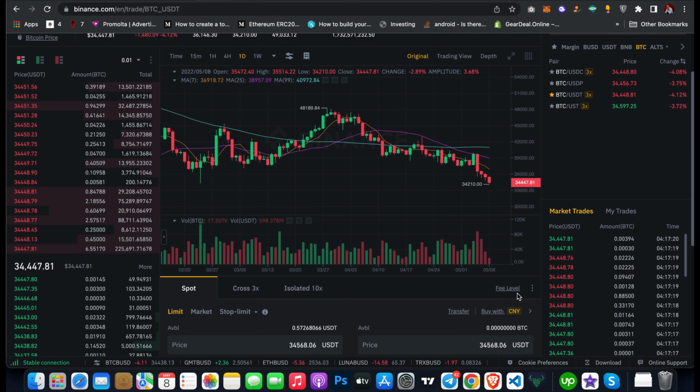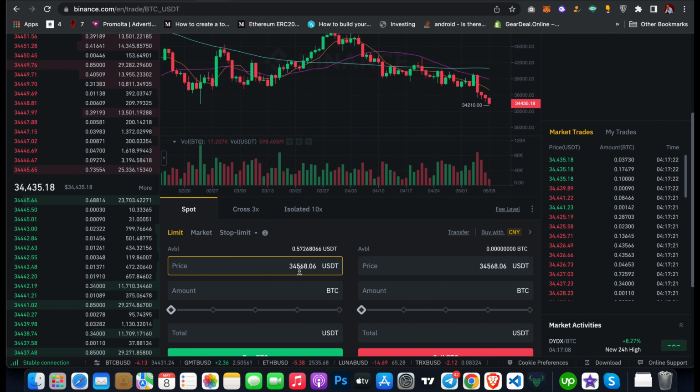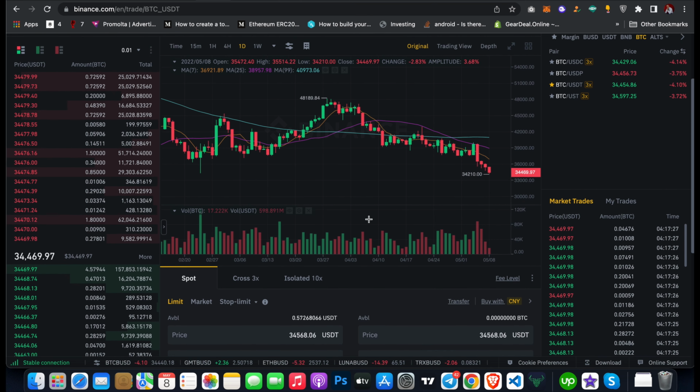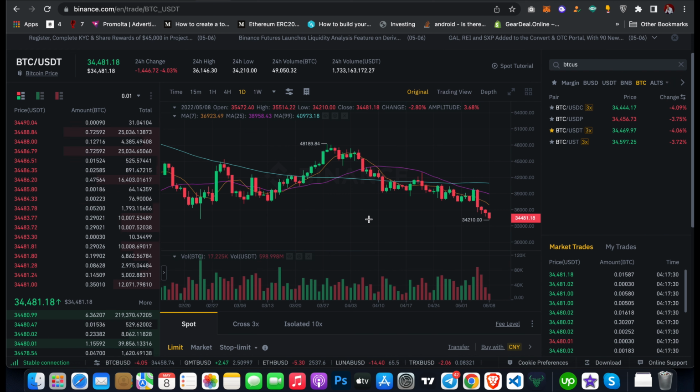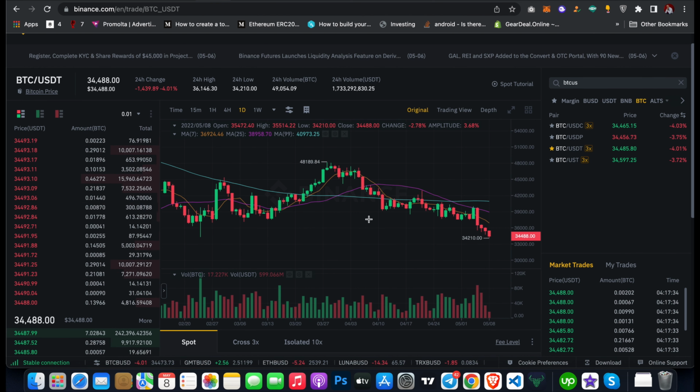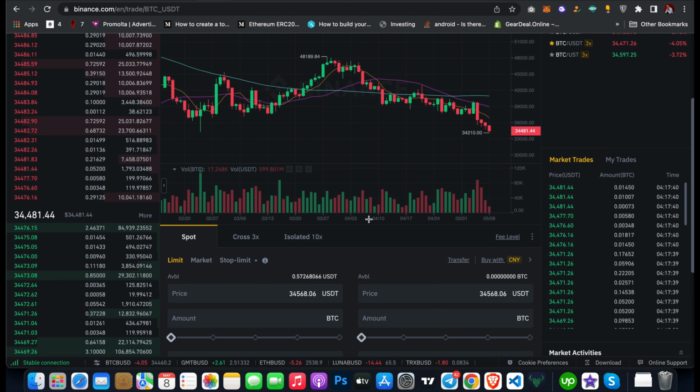When I check my spot wallet, instead of seeing $100, the value of my USDT in Bitcoin would have increased from $100 to around 110 or 120 US dollars. So that is what crypto spot trading is all about.